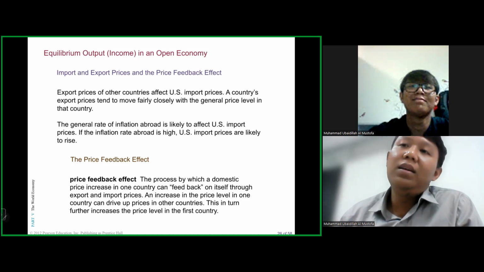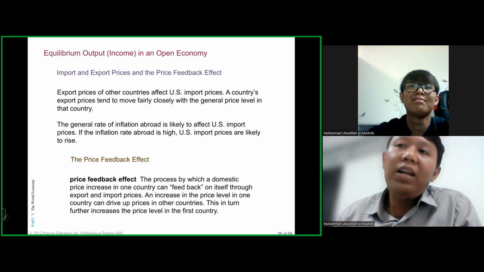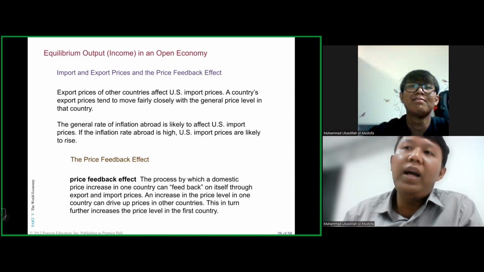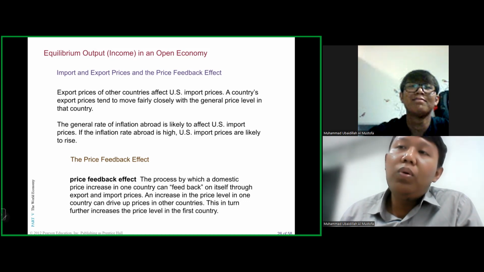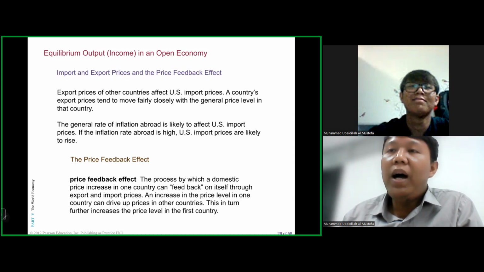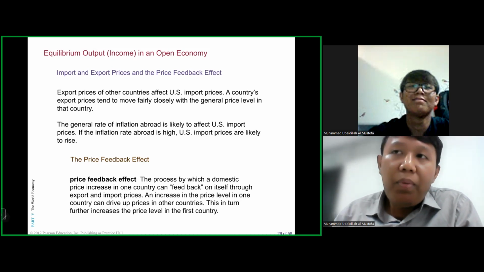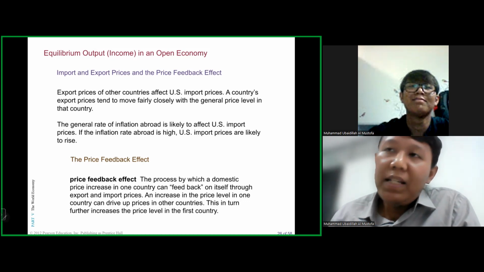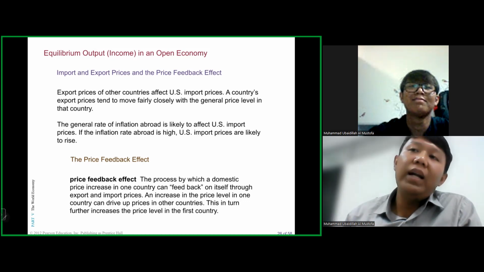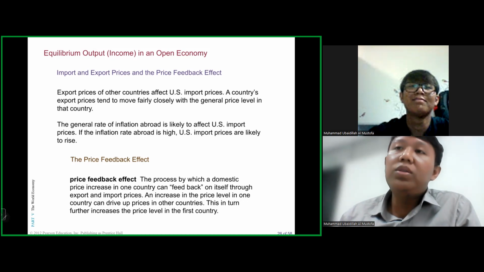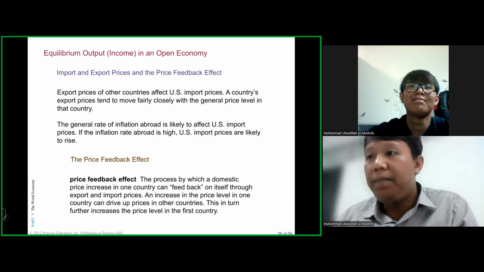So these higher price products coming from China will push our inflation to go up. Why? Because the imported raw materials become more expensive, so our final products selling in the market will also be selling at a higher price, and will become more expensive.